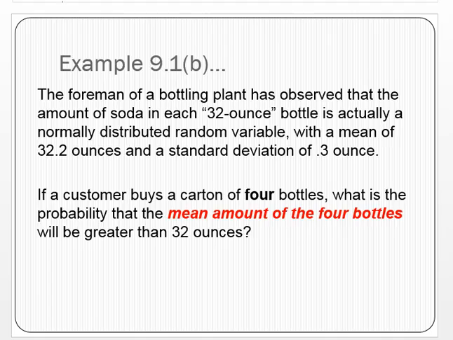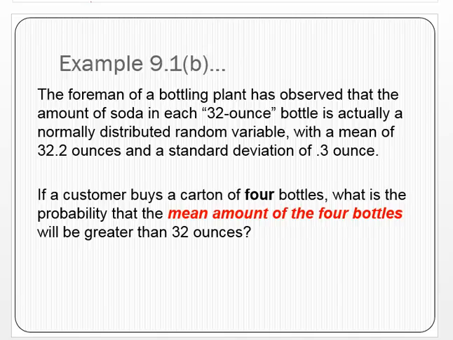Okay, now the foreman of a bottling plant, this is what happens with quality control, wants to, again, foremen or quality control specialists will take samples. Or in this case, it's a customer buying a carton of 4 bottles.